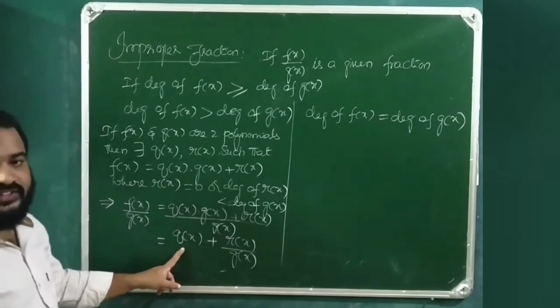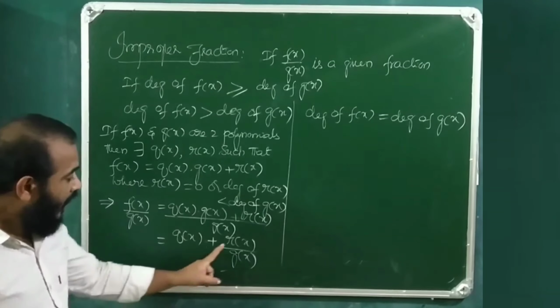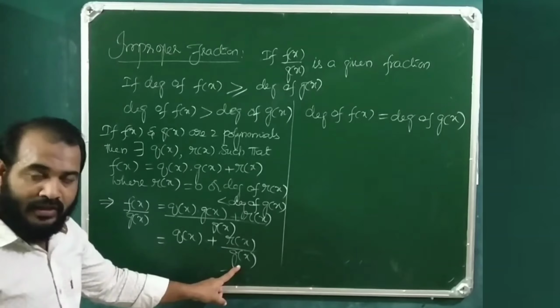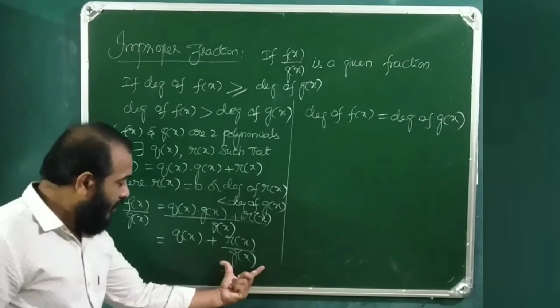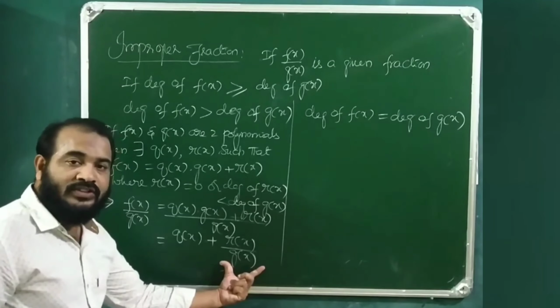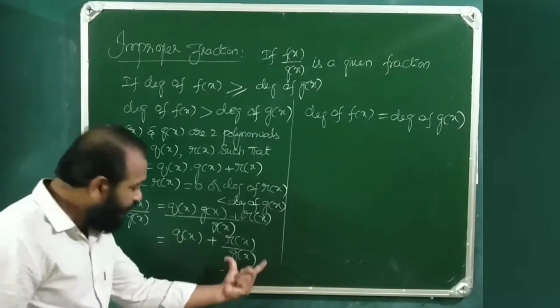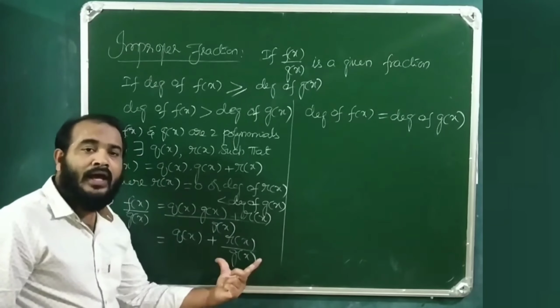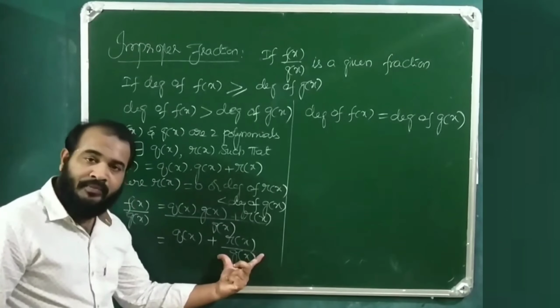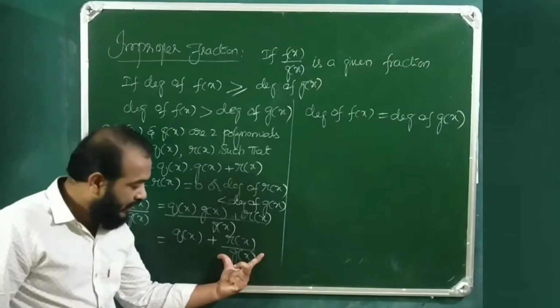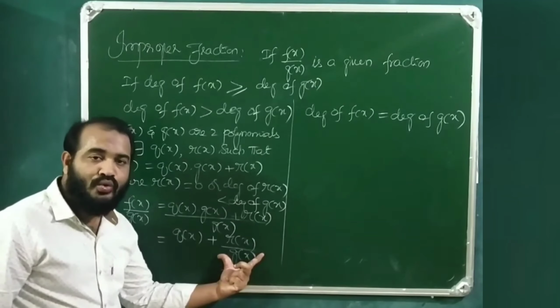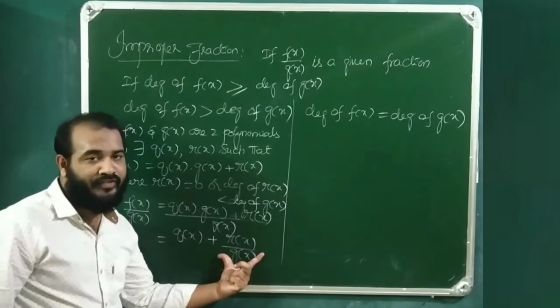Here q of x is a non-zero polynomial, and r of x by g of x can be resolved through the process of partial fractions, because this is going to be a proper fraction, and we know how to deal with a proper fraction.